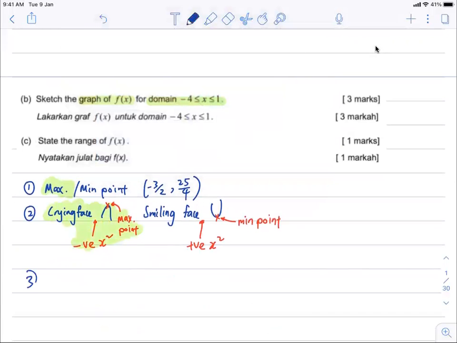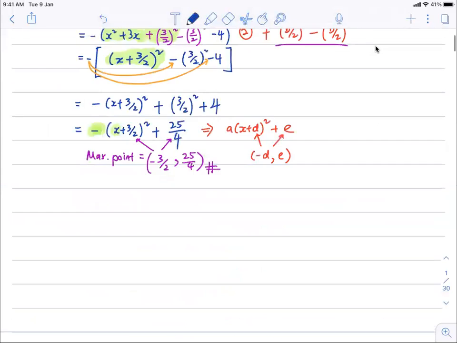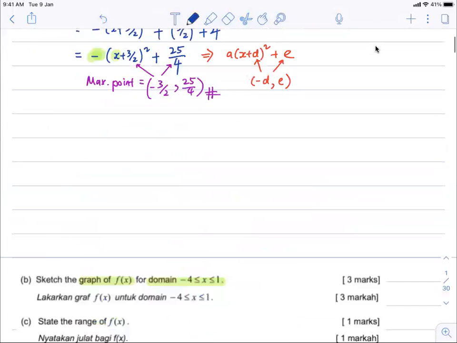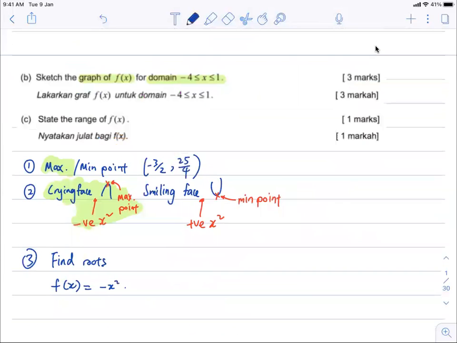The third step, we find roots. The roots you can find by factorization. f(x) equals negative x squared minus 3x plus 4.